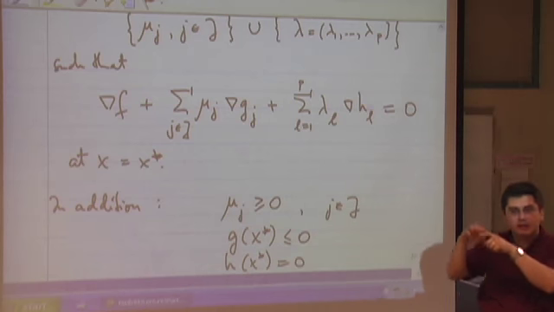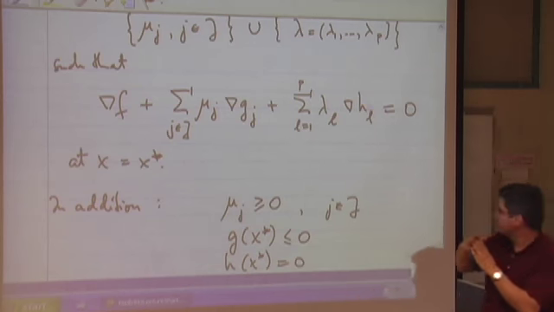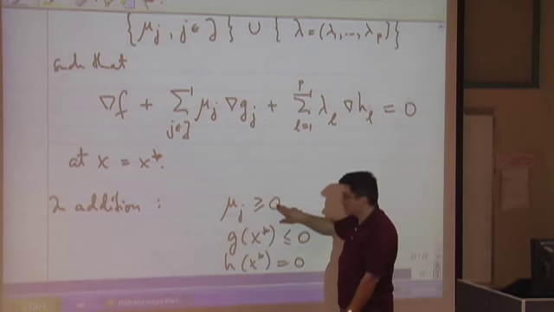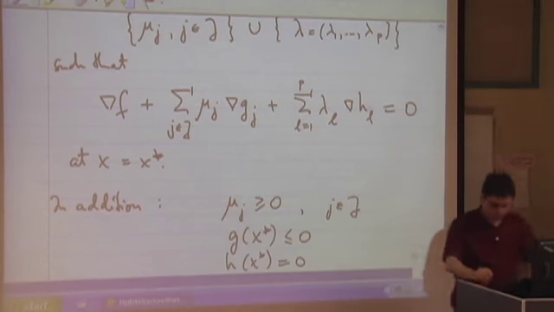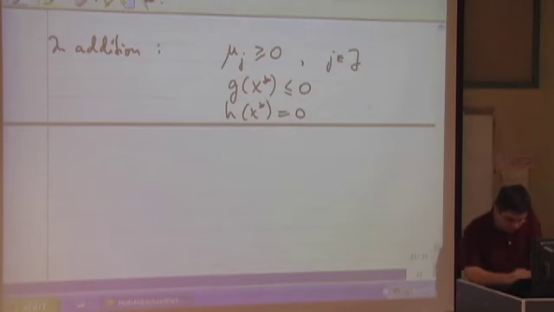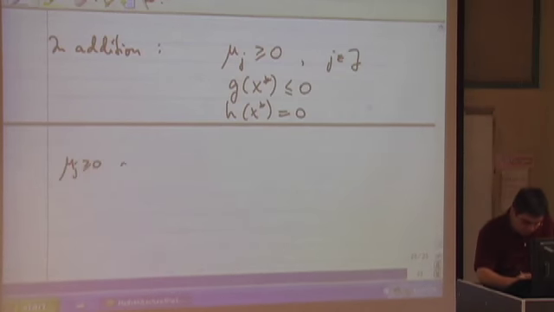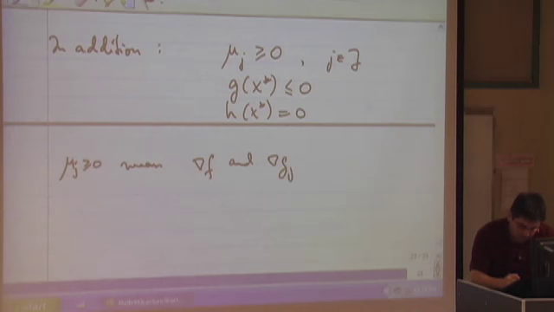Basically, the fact that this is positive means that, so mu j is positive, means the gradient of f and the gradient of g point in the opposite direction.